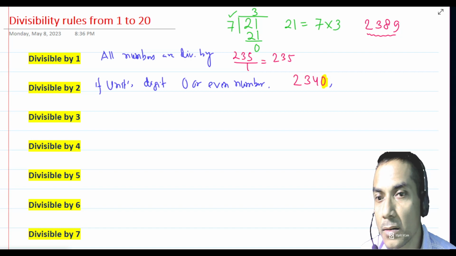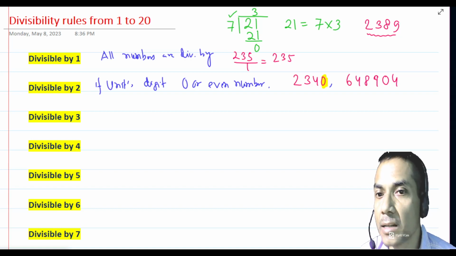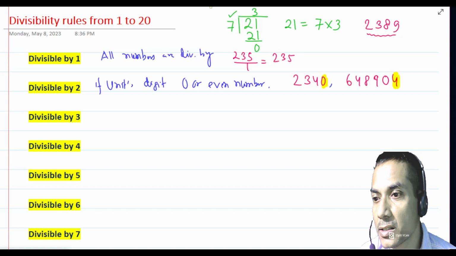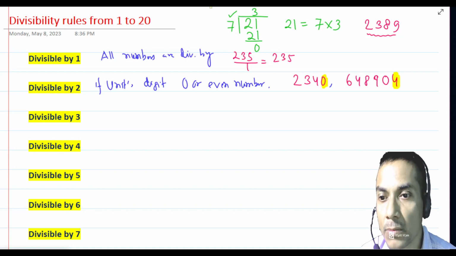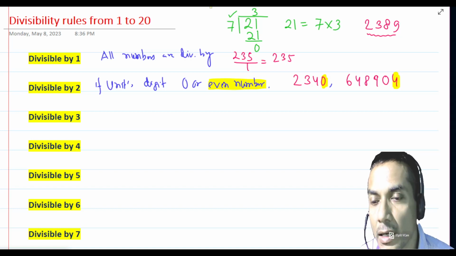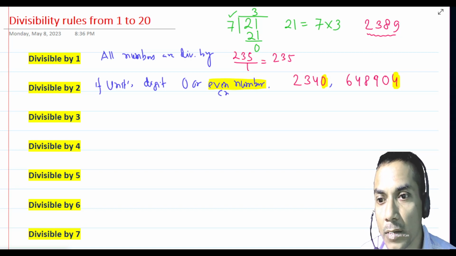And if we consider another number, 648904, how can you check whether this number is divisible by 2? Again you have to consider the last digit, the units digit. It is 4, which is an even number. You have a clear idea about even numbers. An even number is nothing but a multiple of 2.